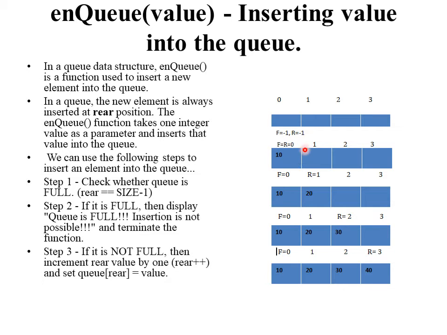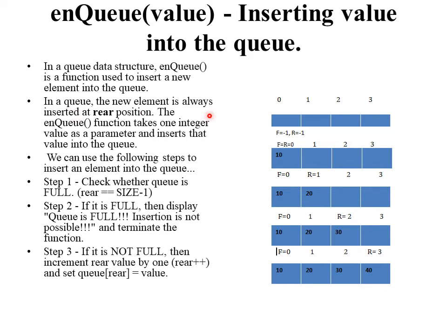Then I am incrementing rear equals rear plus 1, so rear moves to 0, because in this position you can observe that front equals rear equals 0. That is, a value can be inserted at front equals 0 and rear equals 0. That means front and rear are 0 initially. Here I am inserting an element.